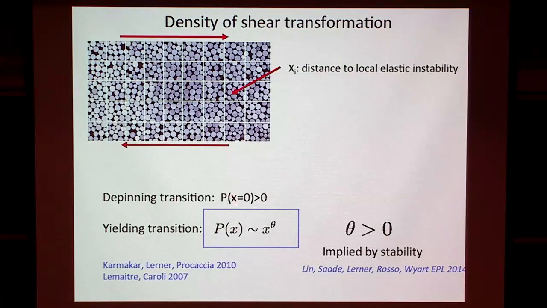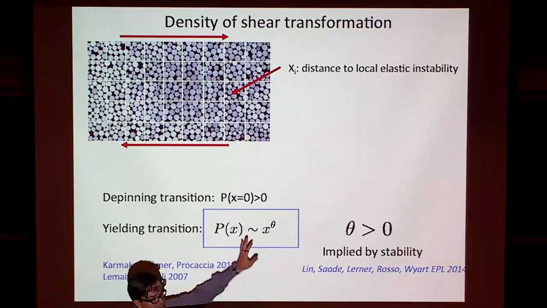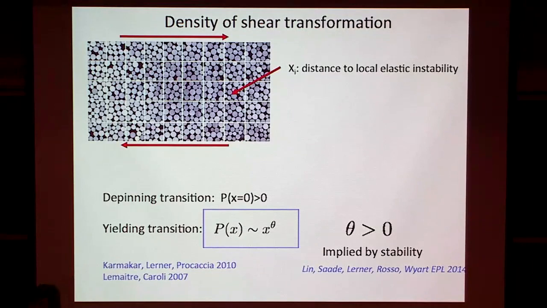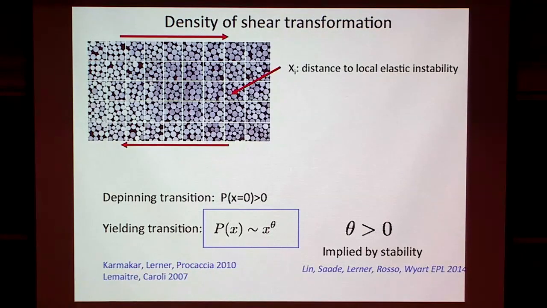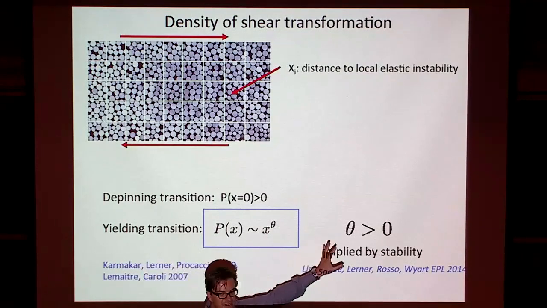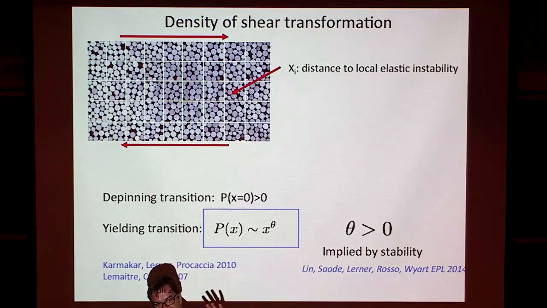At the yielding transition, those authors, in very nice papers, proposed that actually this distribution was singular and would vanish when x goes to 0. So in this paper in particular, they argued that this exponent was governed by a local process and should take the value 1/2.